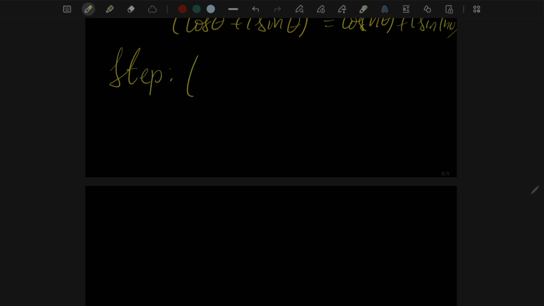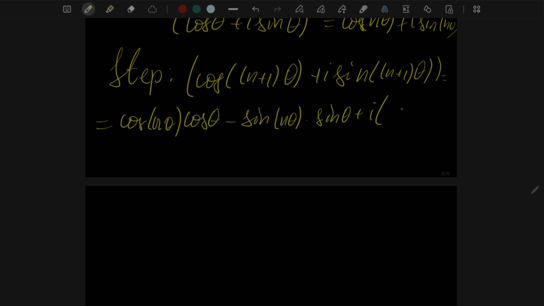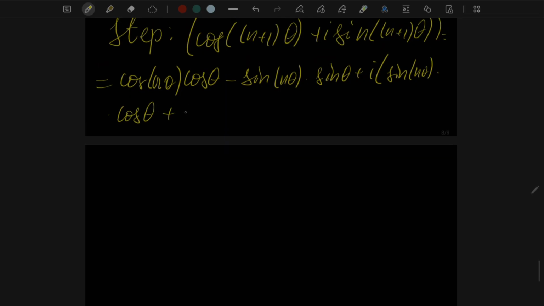We take, let's write it as cosine of n plus 1 theta plus i sine of n plus 1 theta is equal to, by writing the cosine of sum formula, we get cosine of n theta multiplied by cosine theta minus sine of n theta multiplied by sine of theta plus i multiplied by sine of n theta multiplied by cosine of theta plus sine of theta by cosine of n theta.